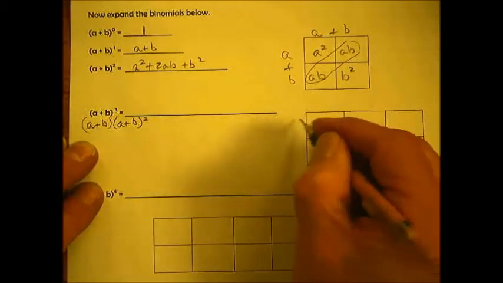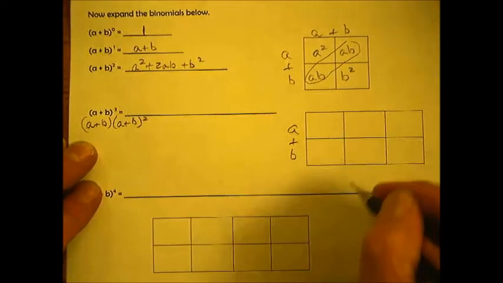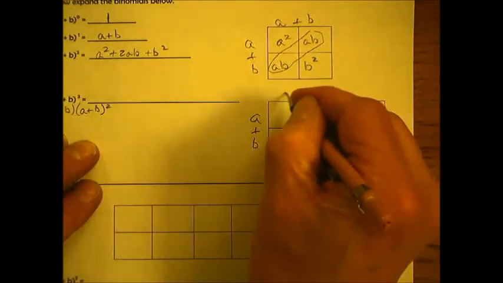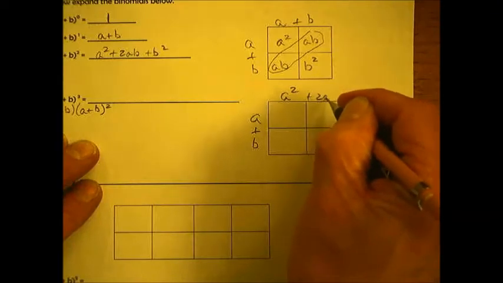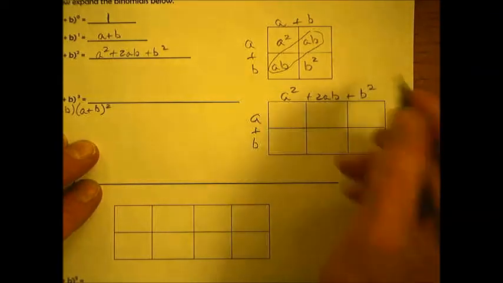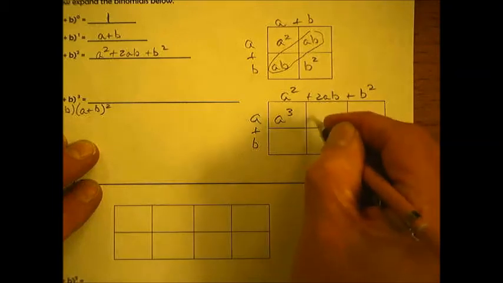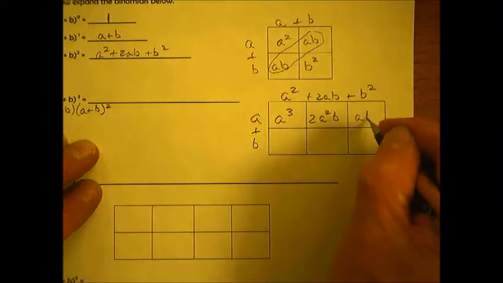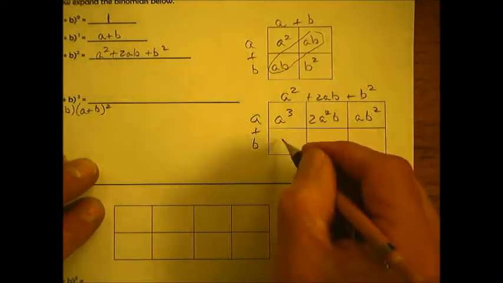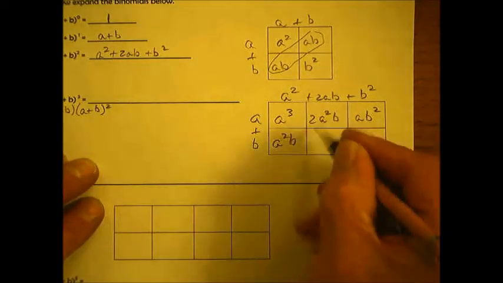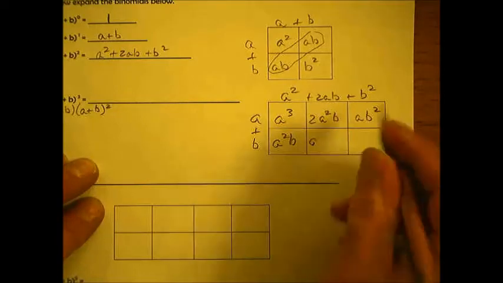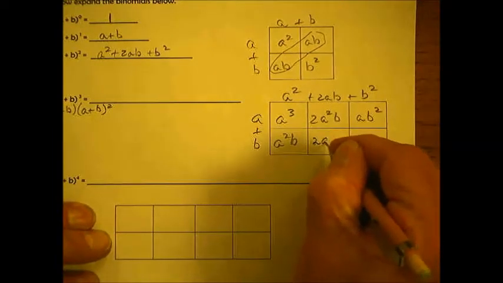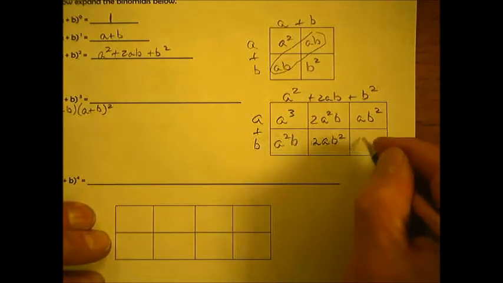And so I'm going to have a plus b over here, and on top I'm going to have my answer for the a plus b squared, which is a squared plus 2ab plus b squared. And I'll have a cubed plus 2a squared b plus ab squared. And this one will be a squared b, and this one will be 2ab squared, and then b cubed.